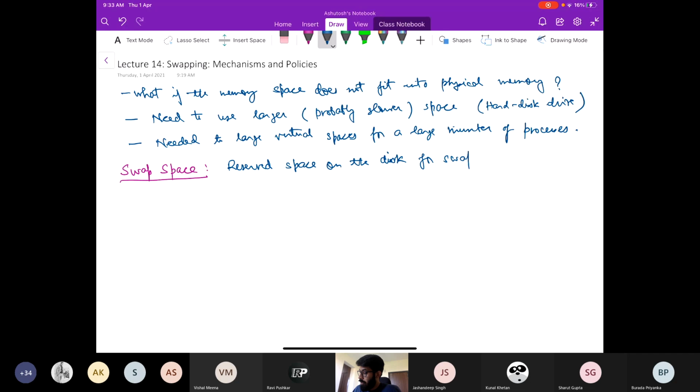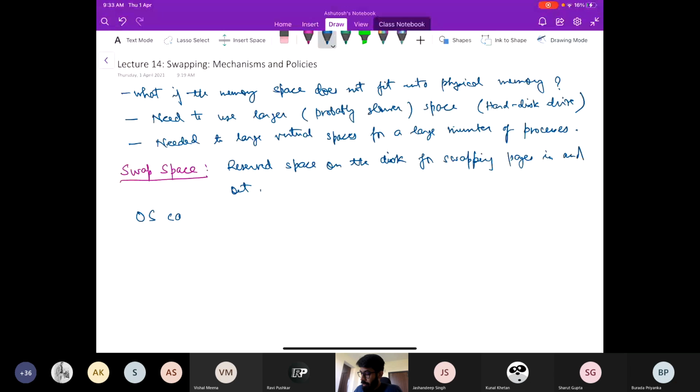For swapping pages in and out. Okay. So who will be doing this?